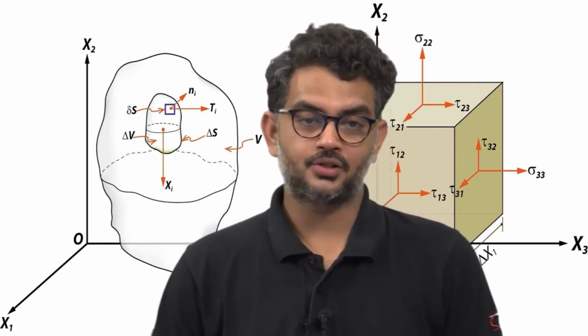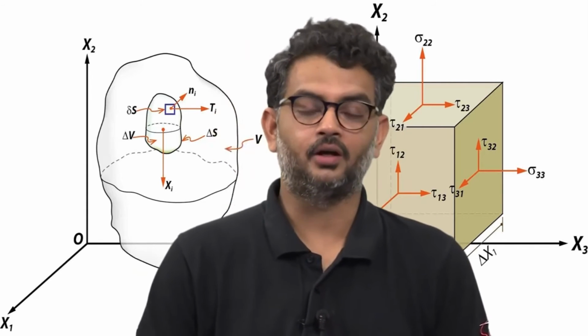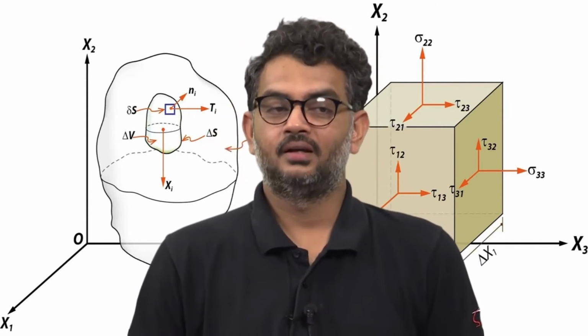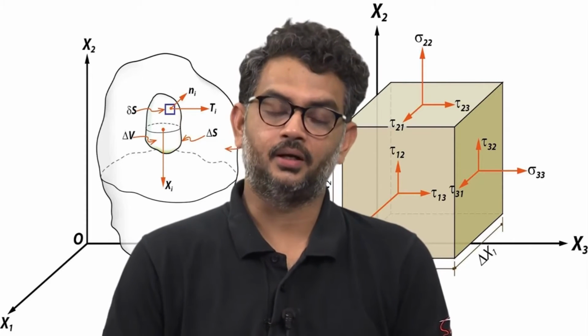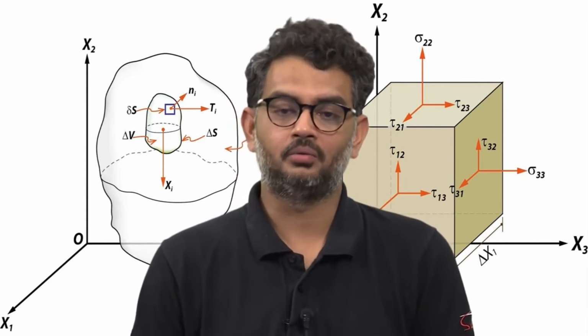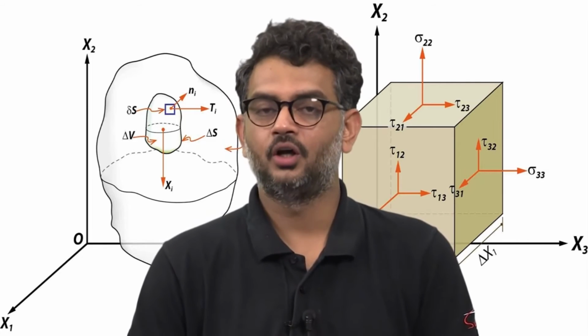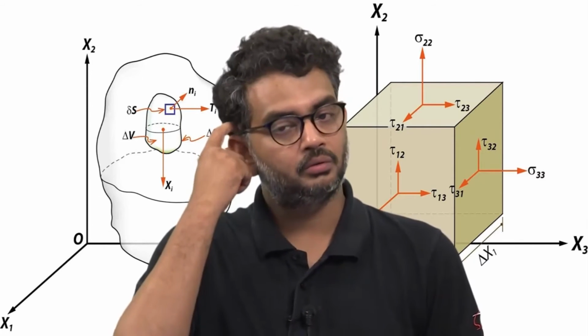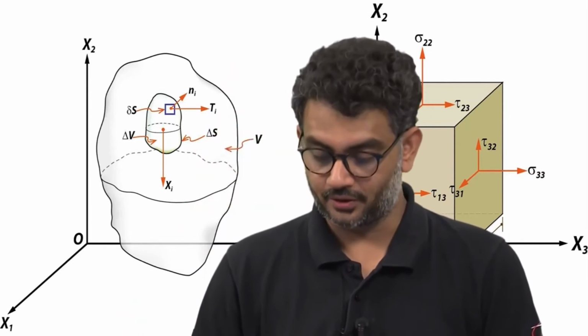Welcome back. So, in the previous segment, we learned what stress on a surface is, what its dimension and units are, and more or less we have an idea of what is meant by stress on a surface.